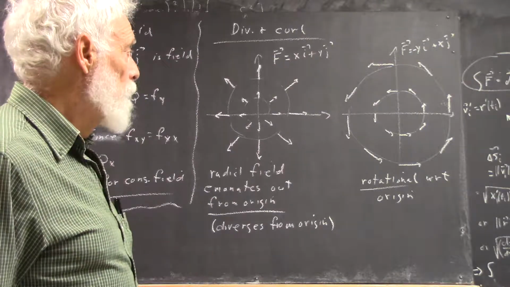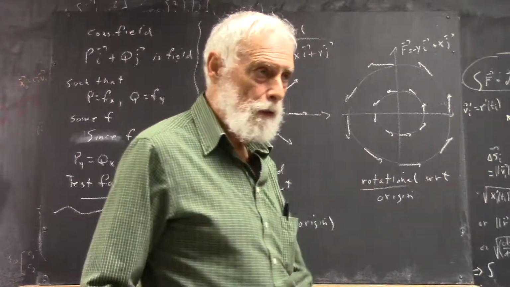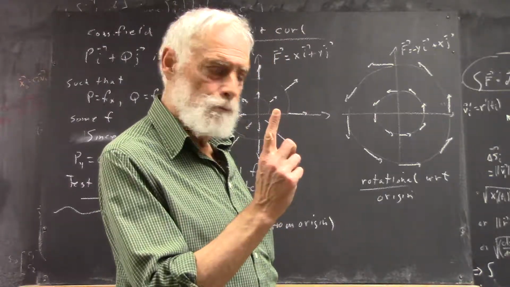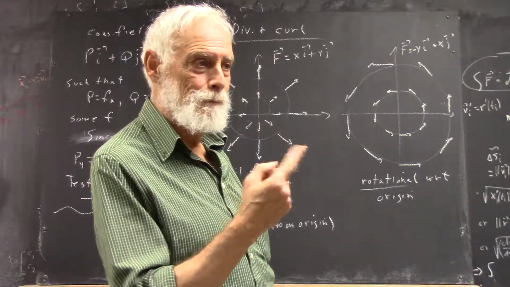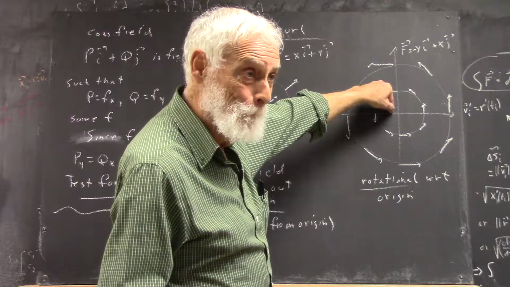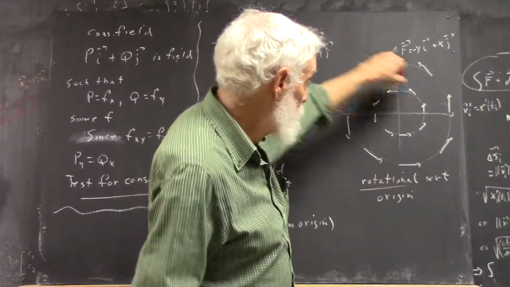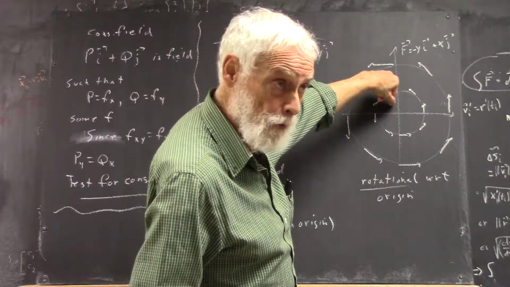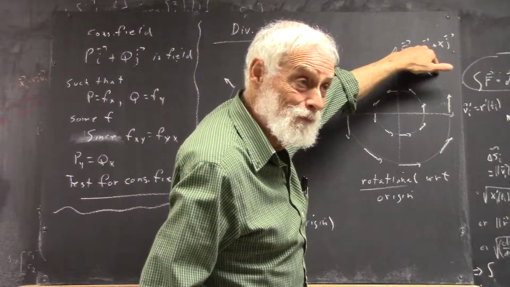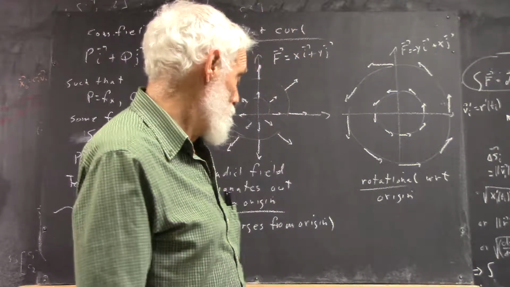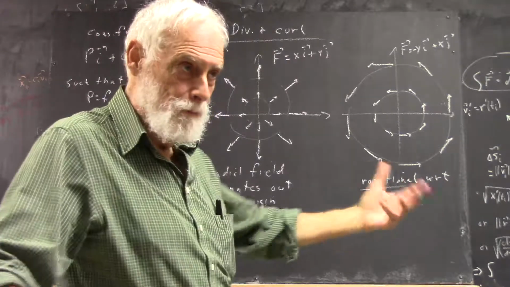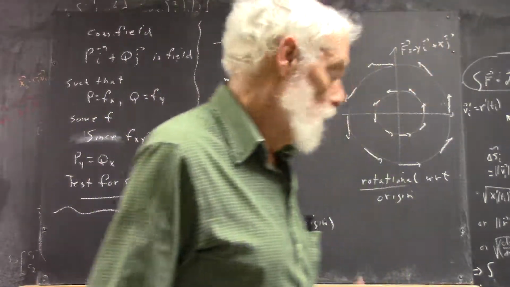Another way of visualizing this, now this wouldn't be a good field for the model, but if you have a little paddle going around circulating at the origin in water, it causes the water to rotate about this point. You get a vortex around this point, right? Now the field would get smaller as you go out, and the extent to which it gets smaller depends a lot on the viscosity of the liquid and other characteristics, depth.